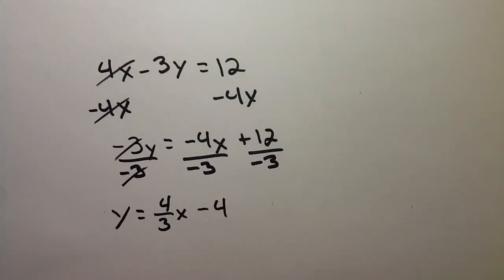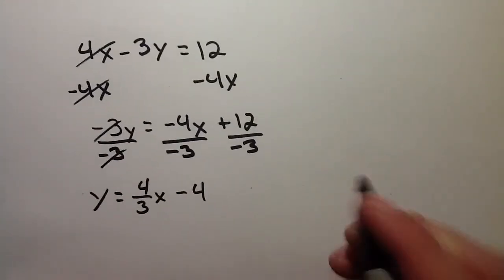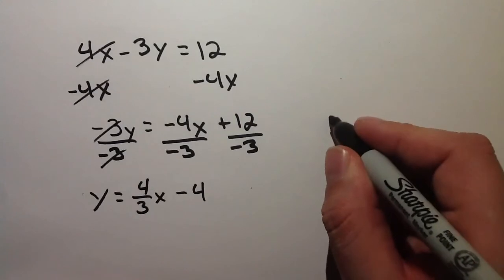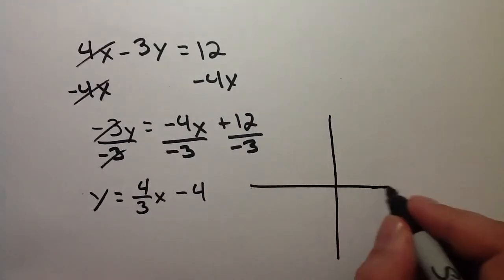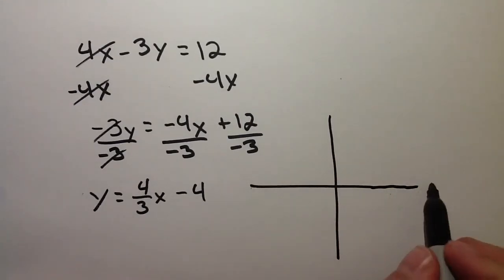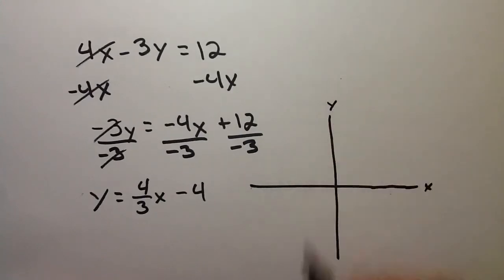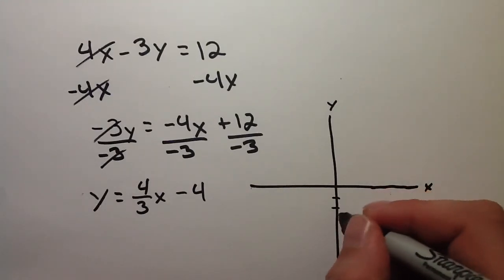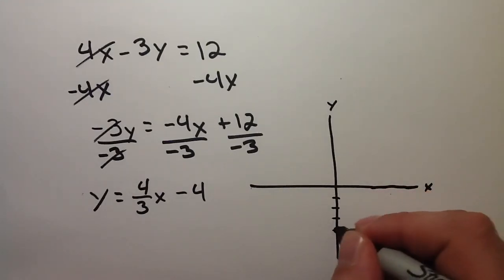Now that I have this, I can graph this. Again, draw my x and y line. My b here is a minus 4, so I can just move down 4. Put a dot there.